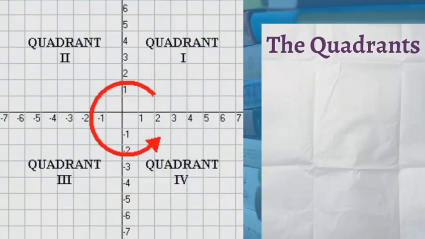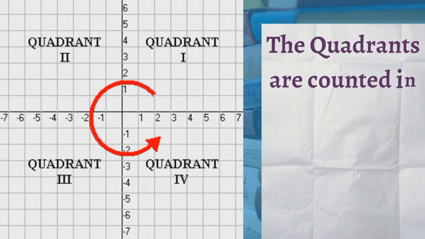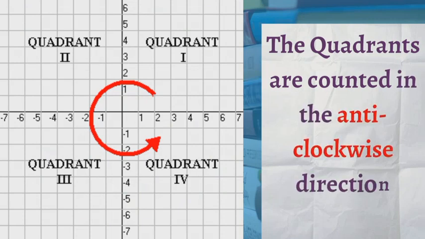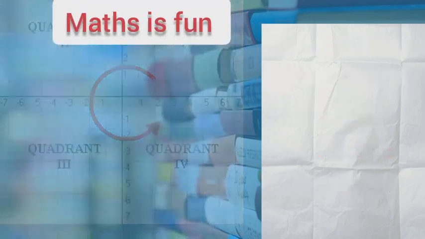Now we can actually look at that arrow, which tells us that the quadrants are counted in the anti-clockwise direction. So the arrow there indicates how we move, just like when we measure an angle. Angles are measured in the anti-clockwise direction. You know what we mean by anti-clockwise, so against the direction of the clock.